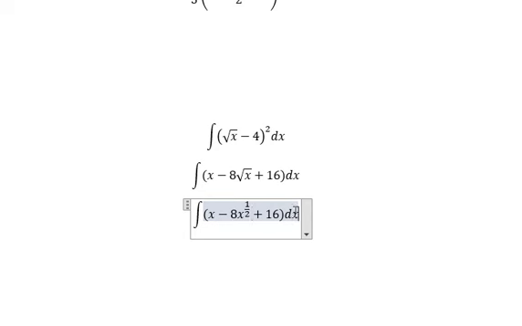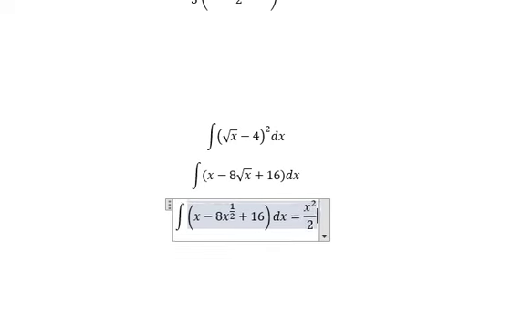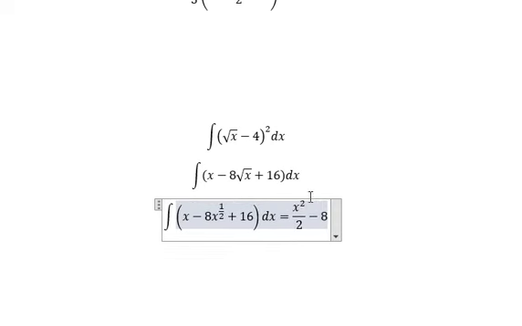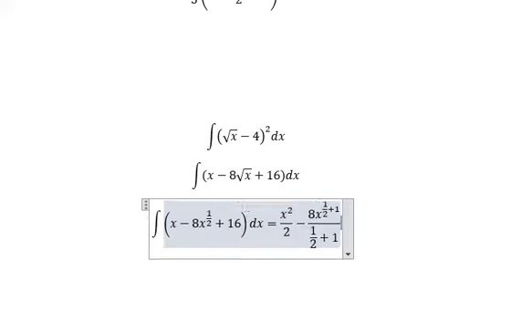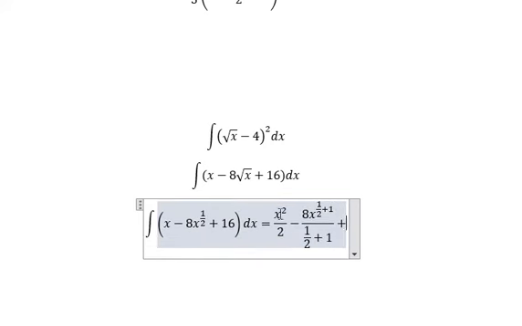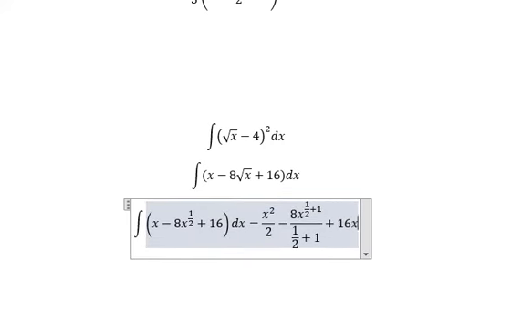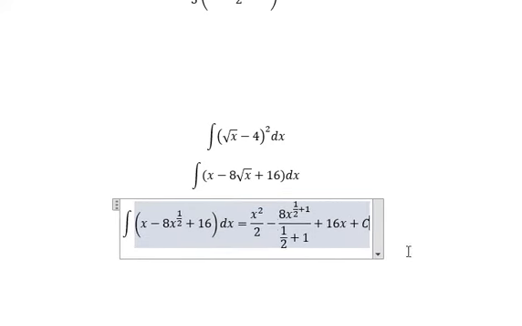And now we get the final answer. The integration of s, you get s squared over 2. The integration of s to the power of 1 over 2, you get 1 over 2 plus 1. For number 16, you get 16s, and we put c in here.